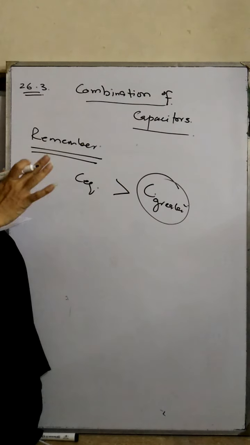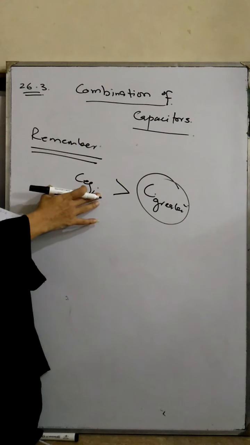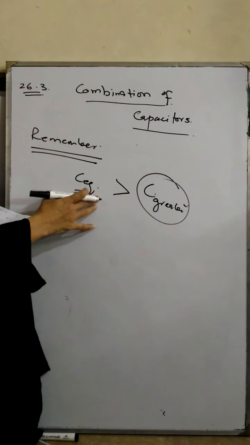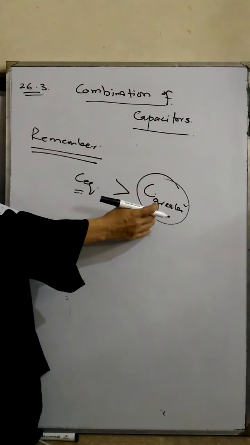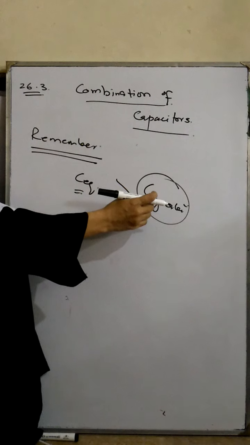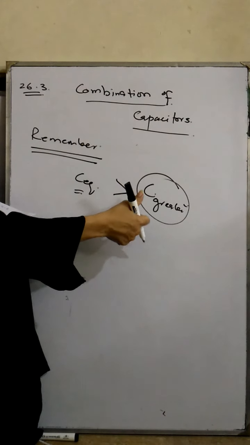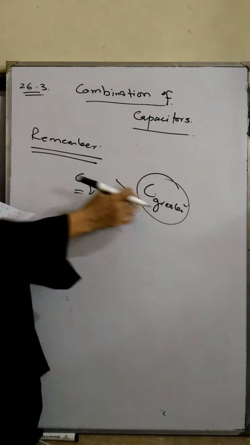So whatever the equivalent capacitance we are getting, it must have a value greater than the highest value that a capacitor has in a circuit.